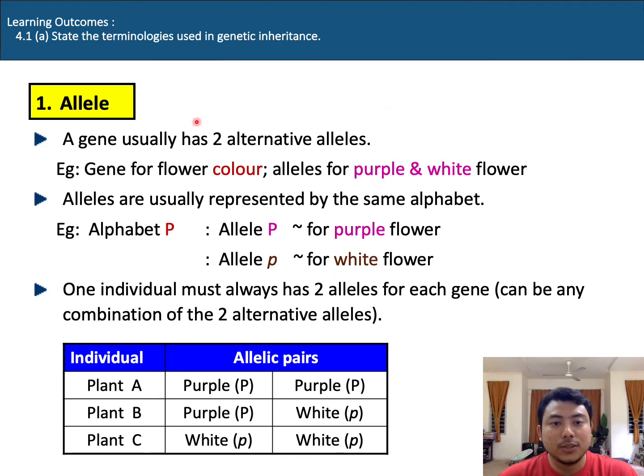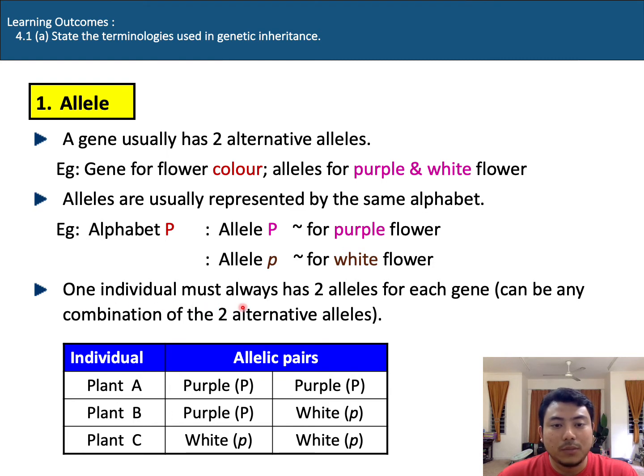Okay, a gene usually has two alternative alleles. For example, for the gene for flower color, the alleles are purple and white, and alleles are usually represented by the same alphabet. For example, uppercase P for the purple flower allele, and lowercase p for the white flower allele.